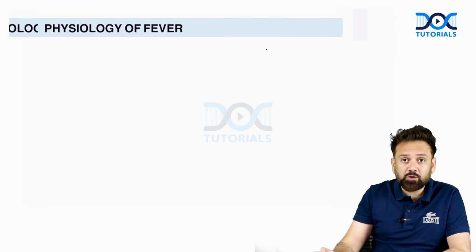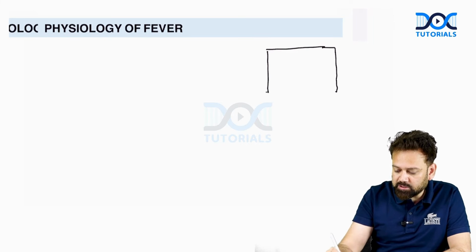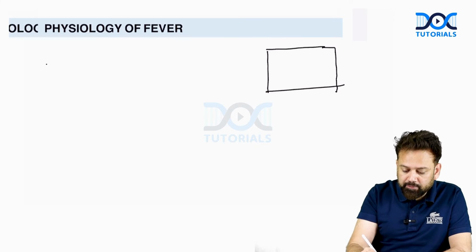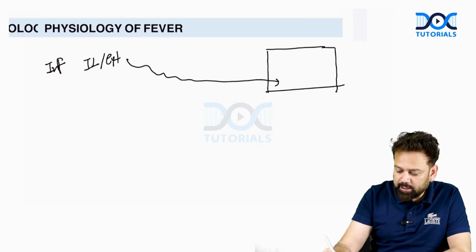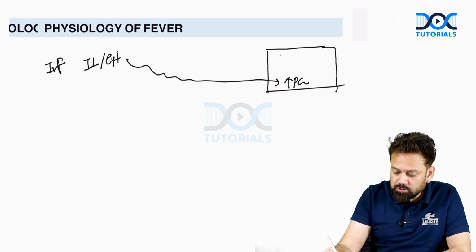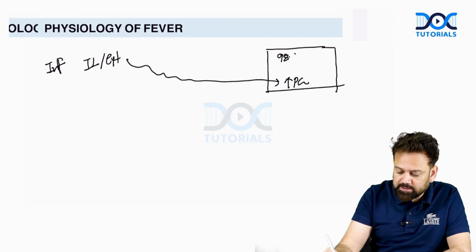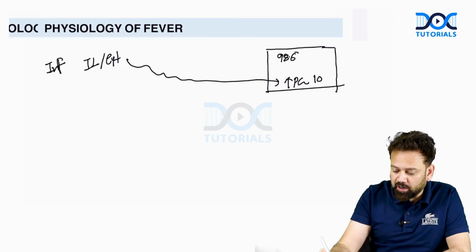Now, physiology of fever. In the hypothalamus, we have a set point. If there is some infection, it will increase interleukins and cytokines, so that they will go inside the hypothalamus and form prostaglandins. And prostaglandins are thermogenic in nature. Suppose we have a 98.6-degree set point and the surrounding temperature becomes 104.